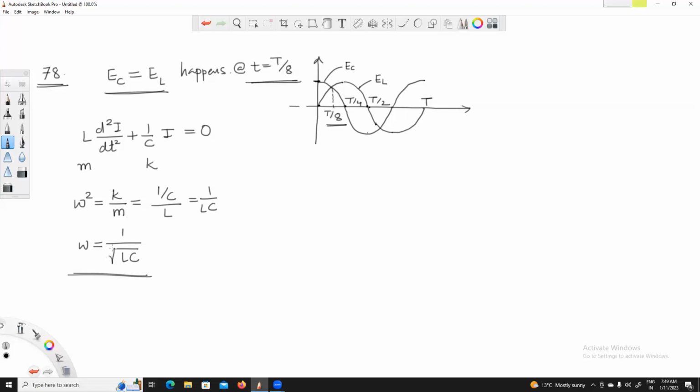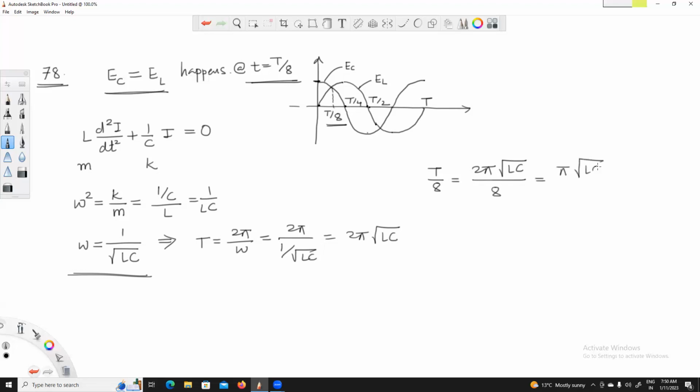From this we get the time period T equals 2 pi divided by omega, which is 2 pi divided by 1 over root LC. So this is equal to 2 pi root LC. From T by 8, I can write 2 pi root LC divided by 8, which is nothing but pi root LC divided by 4. So this is the answer.